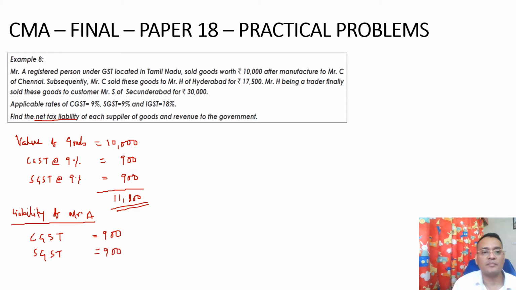He doesn't have ITC, so total liability is CGST 900, SGST is 900. That is about Mr. A.